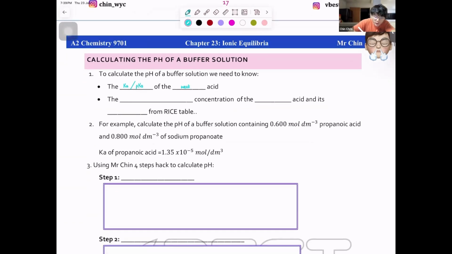Second, we need the equilibrium concentration of your weak acid and its salt from the RICE table. Highlight the concentration of weak acid and its salt from the RICE table. This is the most important one, guys.